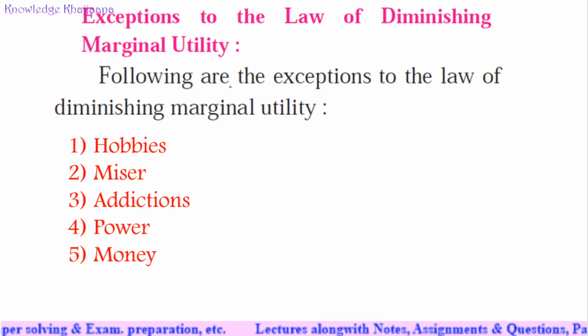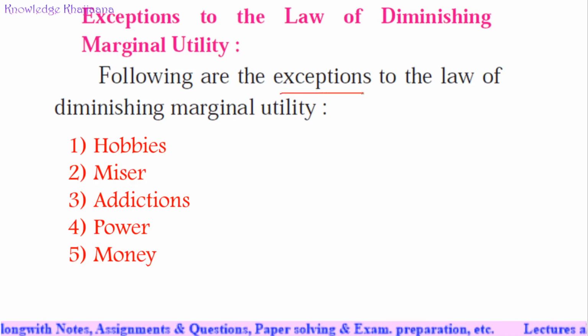So, there are some exceptions. Which are they? First it is hobbies, then misers, then addictions, then power and money. These are exceptions which violate the law of diminishing marginal utility. We are going to learn them one by one.